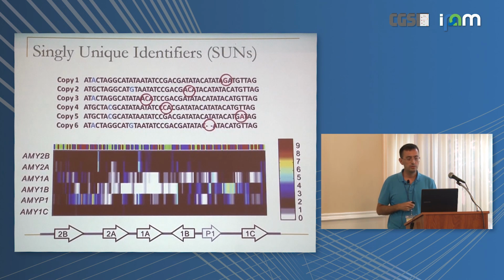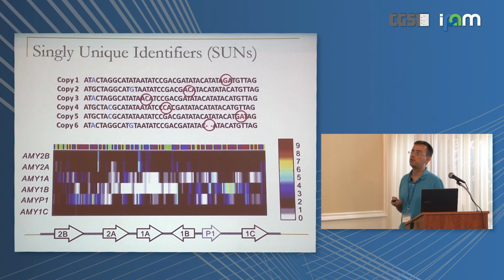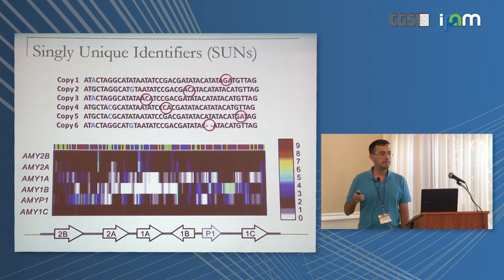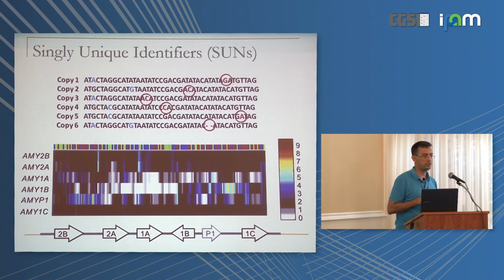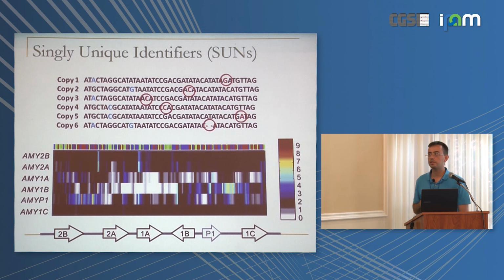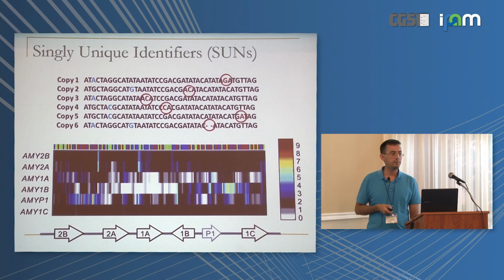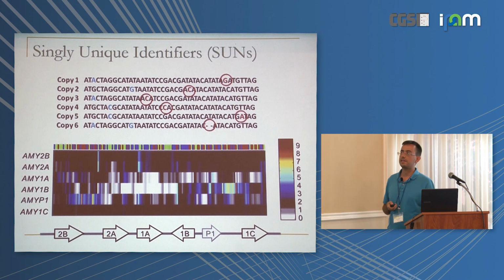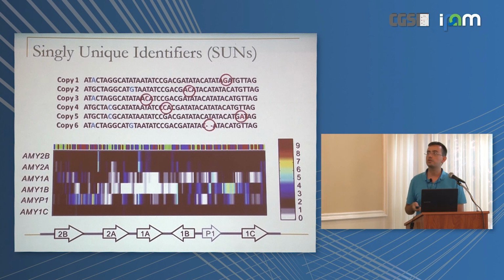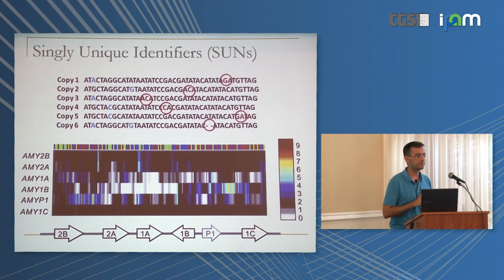Okay. So this is the single unique nucleotide identifiers, or SUNs in short. Let's say we have 6 copies of a gene. We align them. We do multiple sequence alignment. And then we just look column by column, and we identify those positions that are unique in one of those copies. So for example, this C is unique in copy 2, and in the same region, they are all T's, I believe. Right.